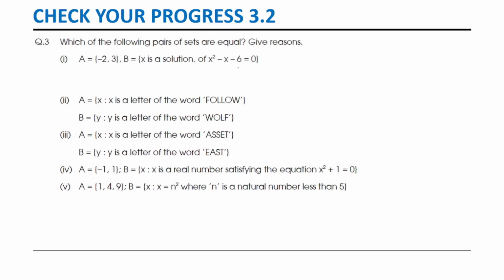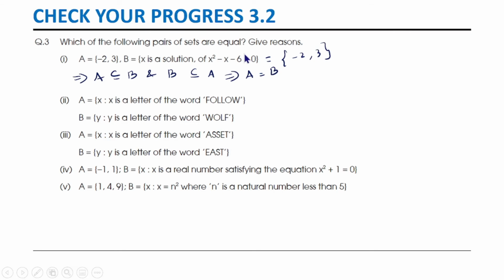So here we get B equal to {minus 2, 3}. So here we can see that every element of A is an element of B and every element of B is an element of A. So we have A equal to B.